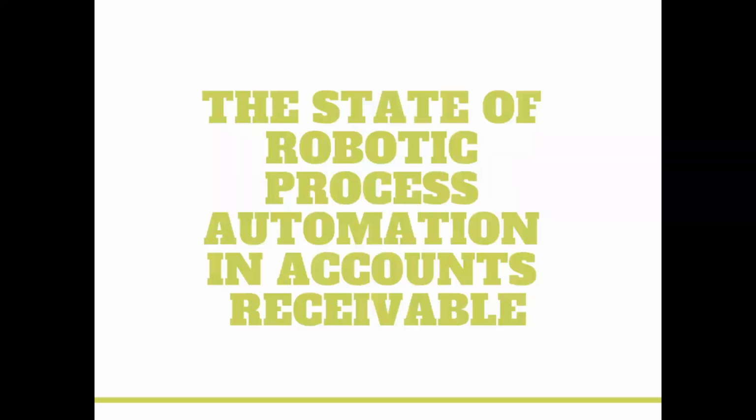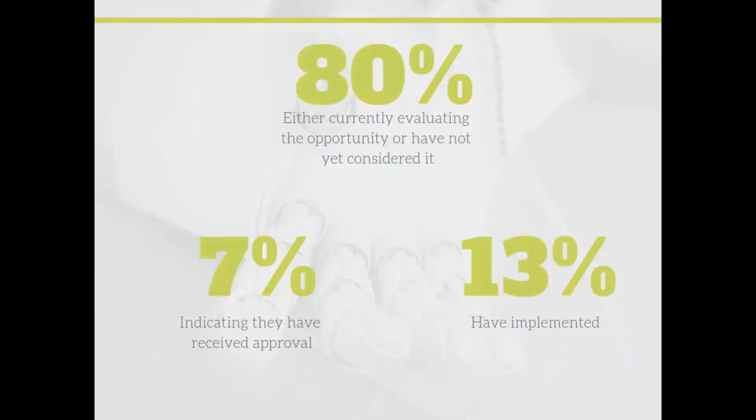So this is the state of robotic process automation in accounts receivable. In a recent poll that was conducted among accounts receivable departments, and this is dealing with people that have already implemented robotic process automation, only 13% have actually implemented RPA in their accounts receivable department so far. 7% have indicated that they've received approval.